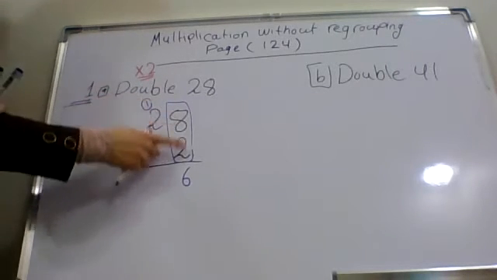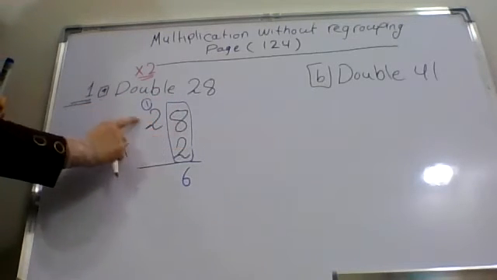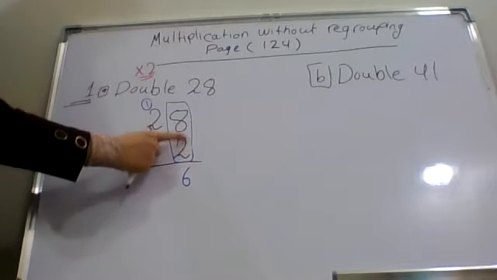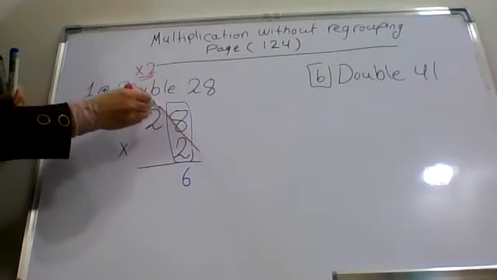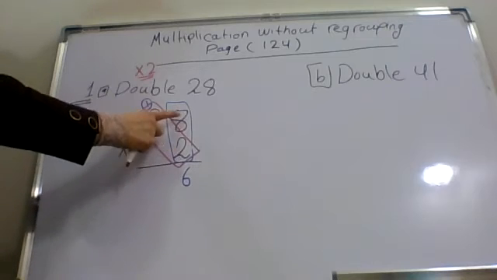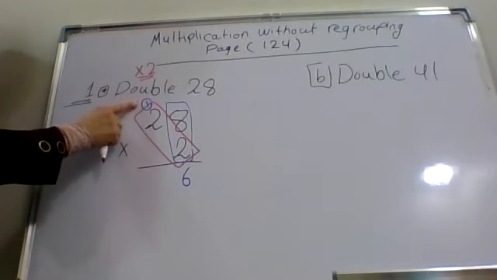Now I'm done with multiplying the ones place. I need to multiply with the tens place. Now we have to multiply the 2 with the tens place, okay? We always start from multiplying the ones place because sometimes we need to carry, okay?